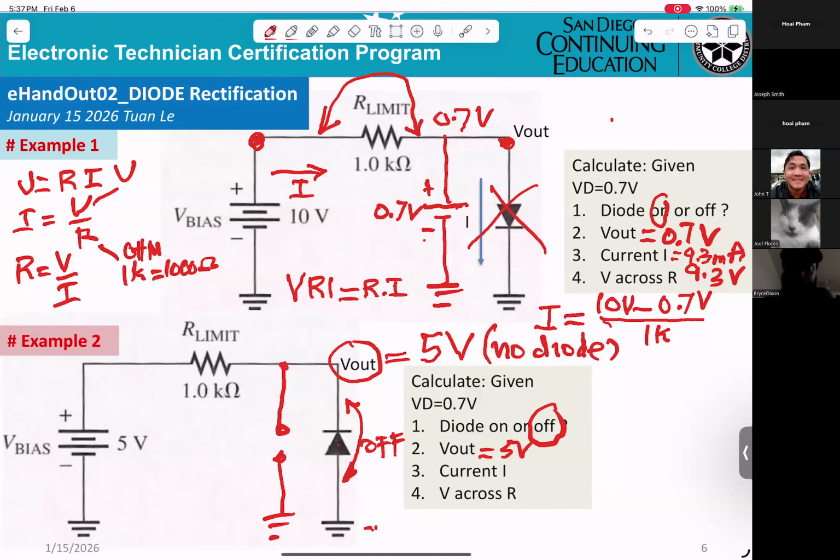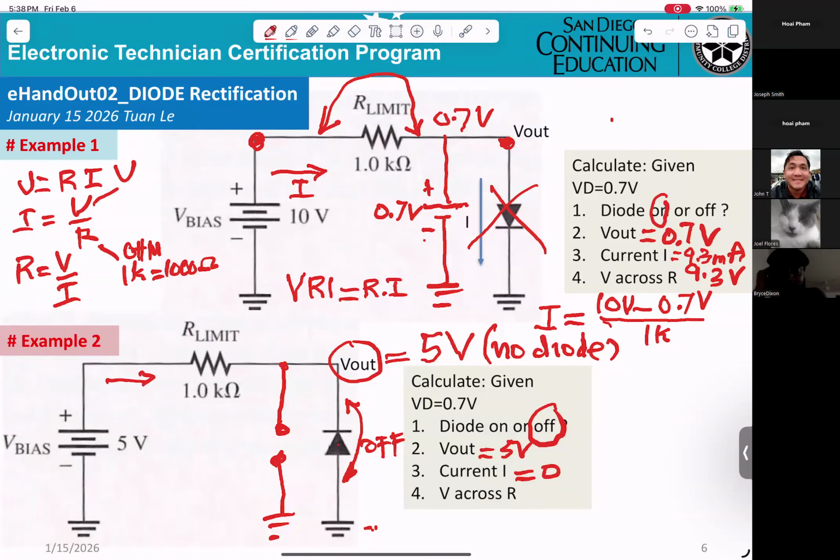What is the current I? Now the circuit will be open, correct? No current flows, right? Five milliamps? No, it's open. How can the current flow?